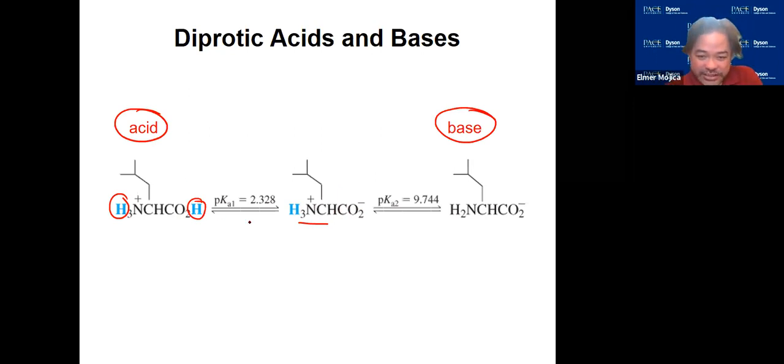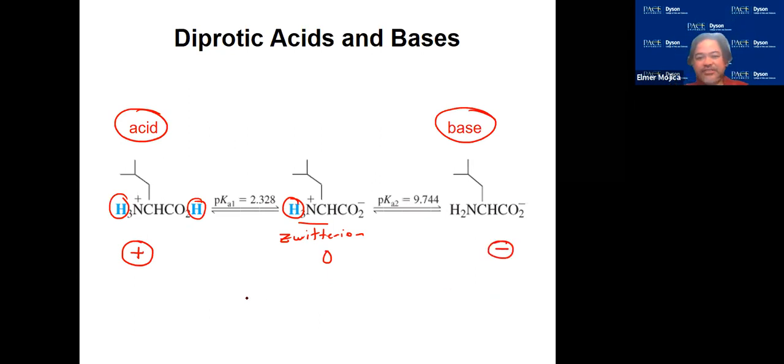That's how we end up with this so-called zwitterion concept. And if you keep making it basic, you're going to lose the amine proton, and what you have here now is a negative sign. So you have positive, zero, negative charge.